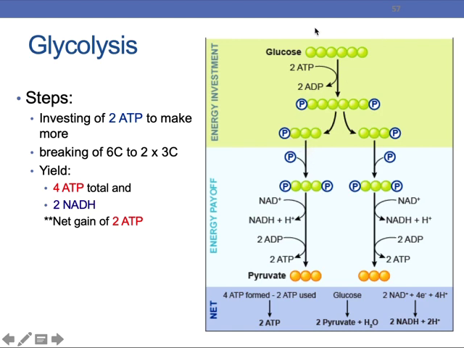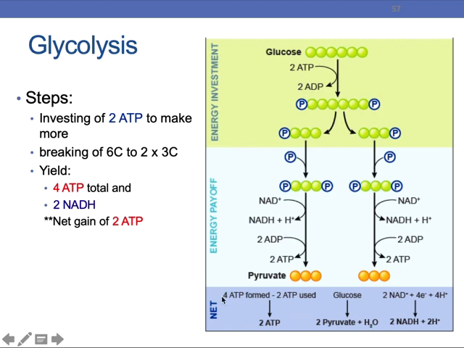So that for one glucose molecule, you have one NADH produced by one glyceraldehyde 3-phosphates. You have another, so this times 2. You have 2 ATP times 2. So you end up with 4 ATP that are formed. But note that you already used 2 ATP at the beginning.